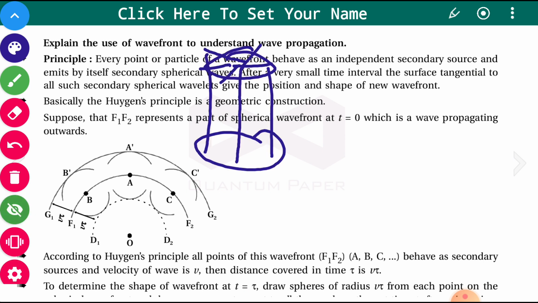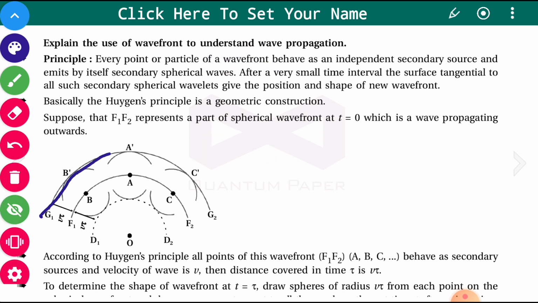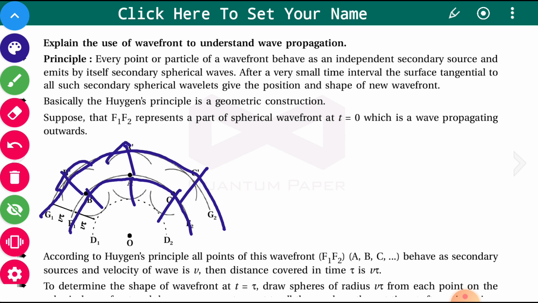Try to understand: if you have a wavefront, say this one, then these points A prime, B prime, C prime, or on this wavefront the points A, B, C, will behave as independent sources of wave. We can say these particles of the wavefront behave as independent secondary sources and emit from themselves secondary spherical waves.